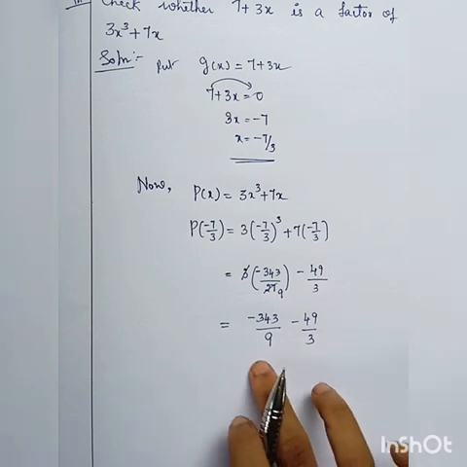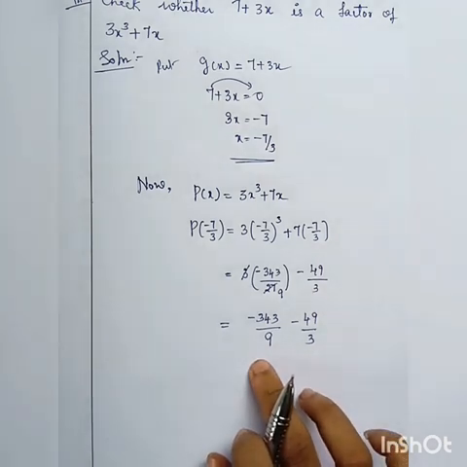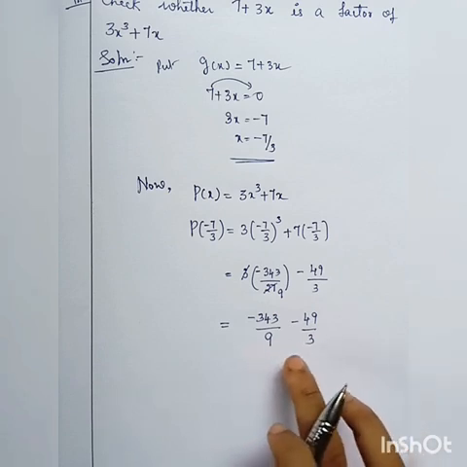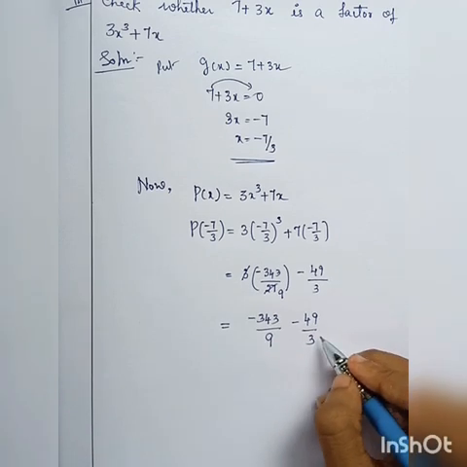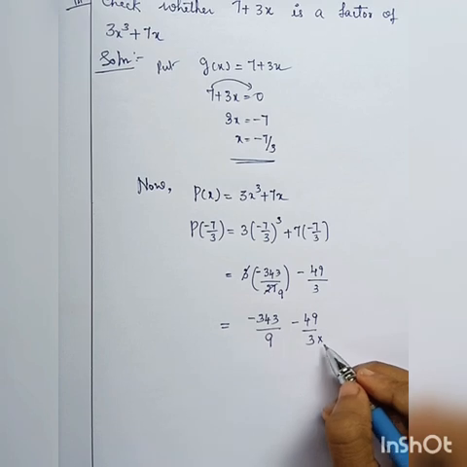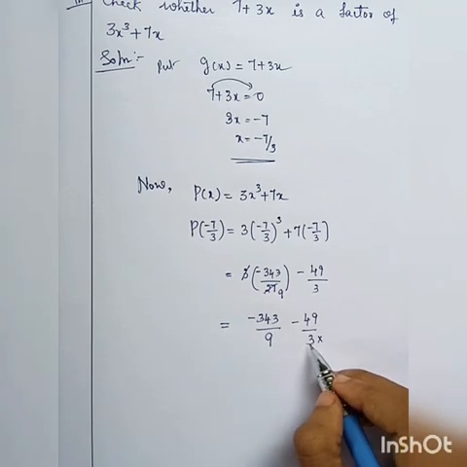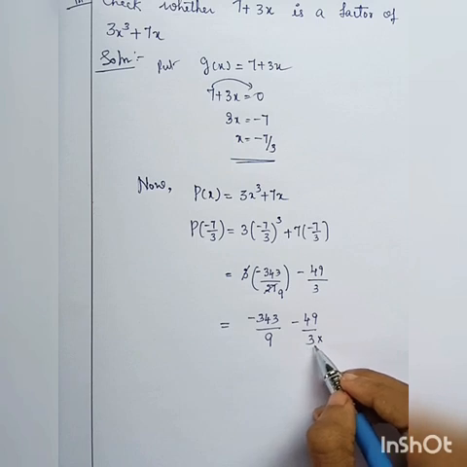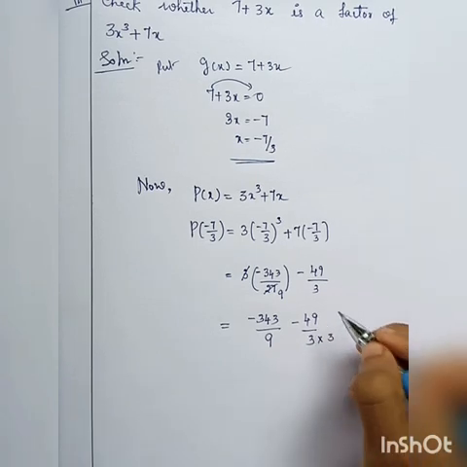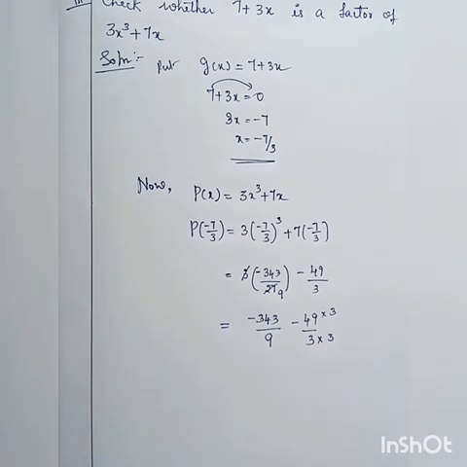If we want to add, the denominators should be common, but here the denominators are different, so we have to make the denominator common. Now 9 is there, here 3 is there. 9 and 3 LCM is 9. So 3 times how much is 9? 3 3s are 9, the same number you have to multiply to the numerator.